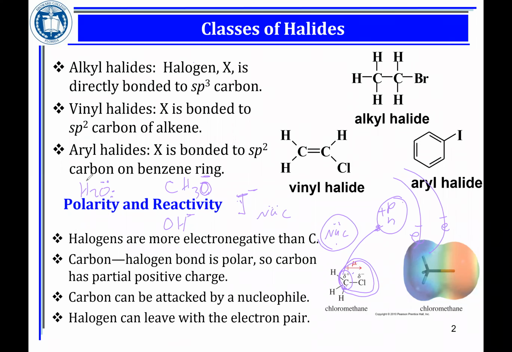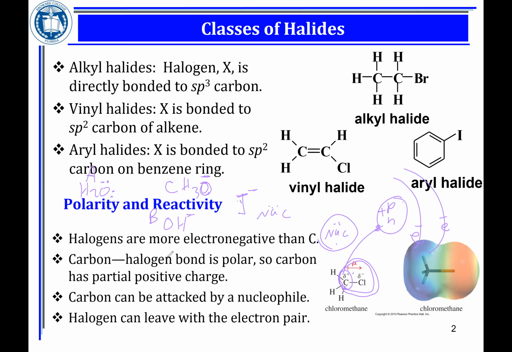So if I label water as A and hydroxide as B, which one is a better, stronger nucleophile, A or B? Okay, let me just explain one more time, because it's very important for you to know the definition of a nucleophile.